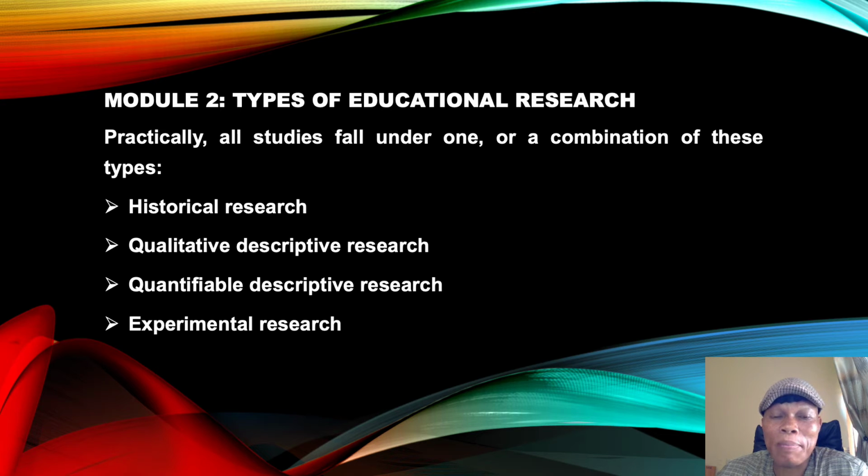Mark that word, interpreting the events of the past, for the purpose of discovering generalizations that are helpful in understanding the past and present and predict the future. That's the essence of historical research.